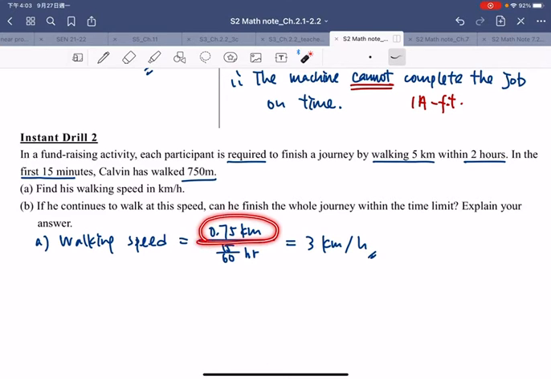Divide 0.75 km by 1/4 hour, so 3 km per hour.